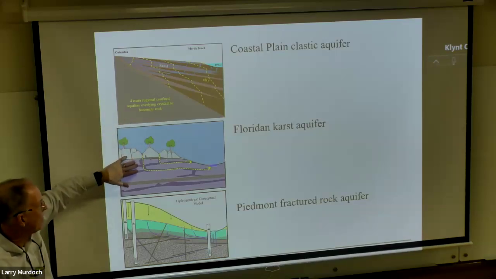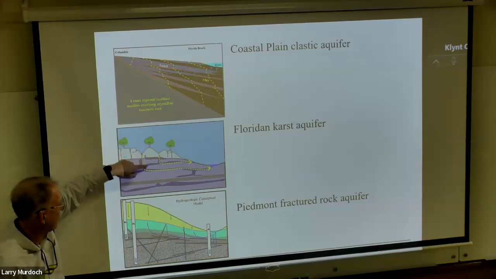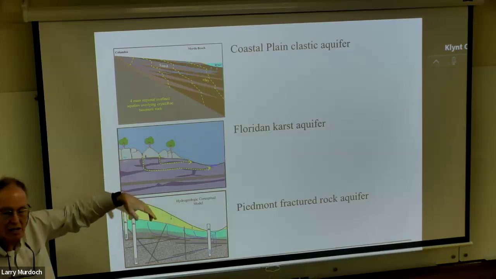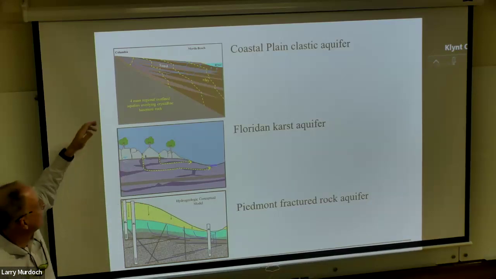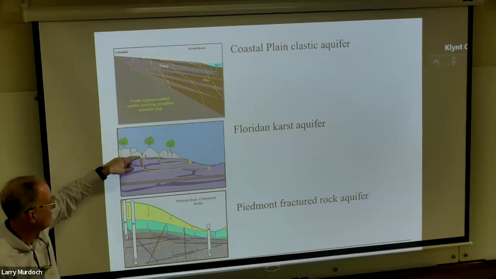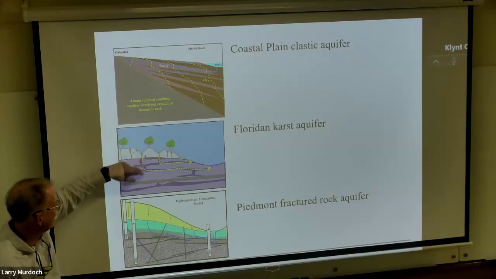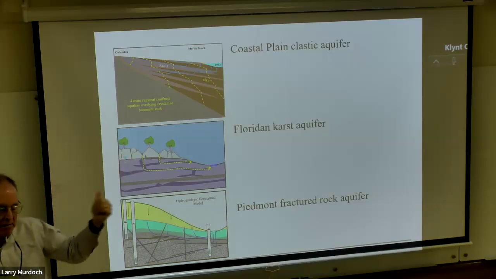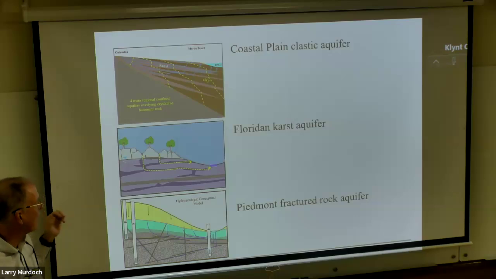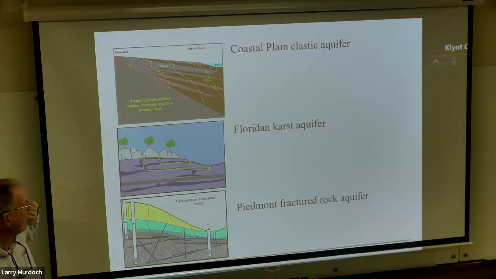Similar things can happen in karst. In karst, these large conduits can go various different directions. So you can have some very, very complex flow systems where the water that's recharging here can be discharging in unexpected places because of these conduits that form.